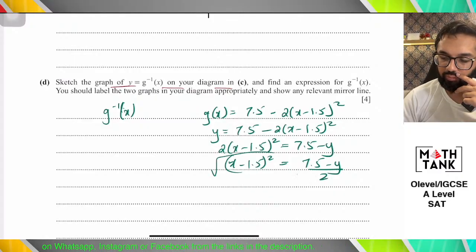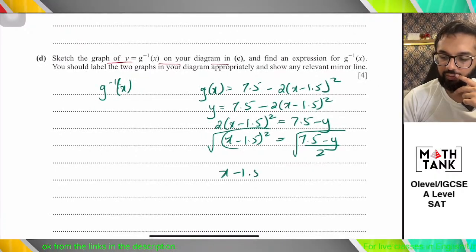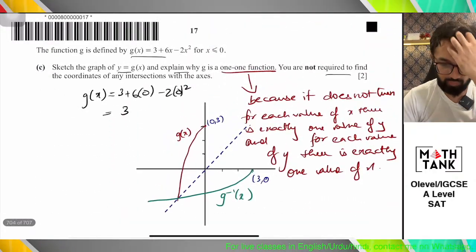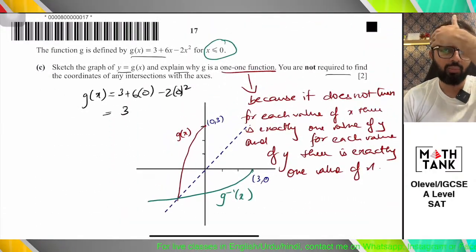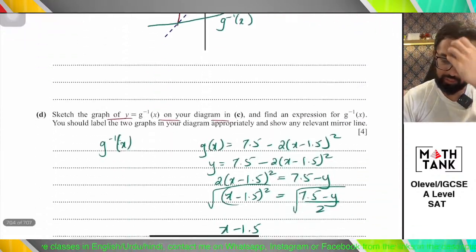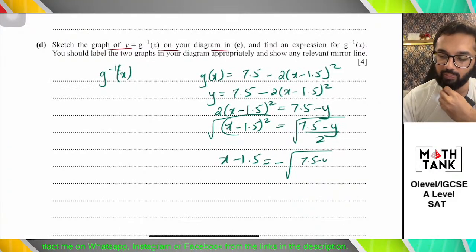Take a root. Now you have to decide whether you want a positive or a negative answer outside the root. You decide using the part of the graph that's present, which is before the turning point. So I'm going to take a negative outside the root and say this is minus the root of 7.5 minus y over 2.